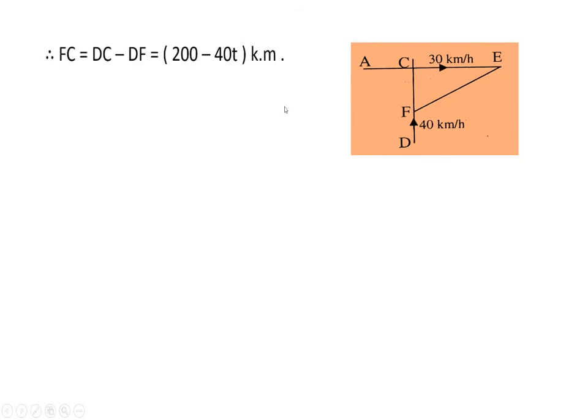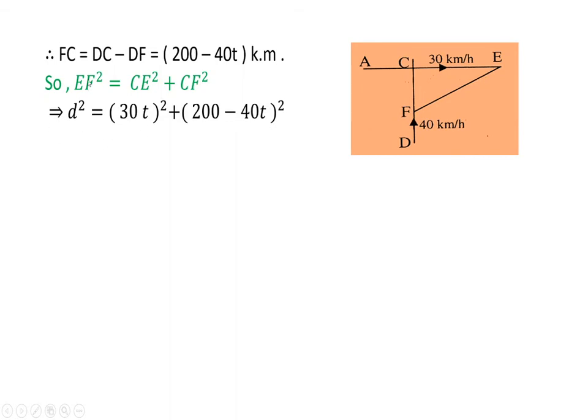FC equal to DC minus DF equal to 200 minus 40T kilometer. Now in triangle FEC, we apply Pythagoras theorem, then we get EF square equal to CE square plus CF square. EF equal to d, CE equal to 30T, CF equal to 200 minus 40T.